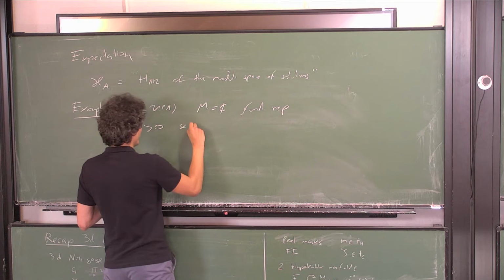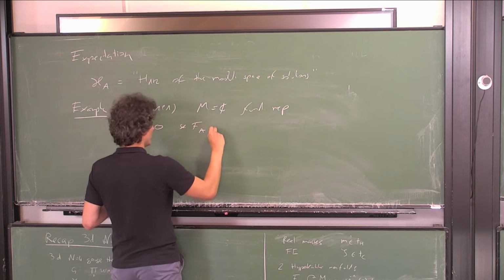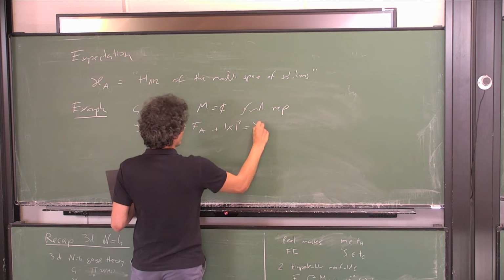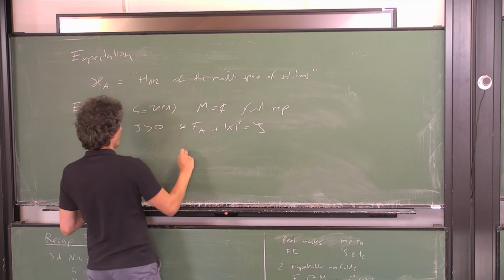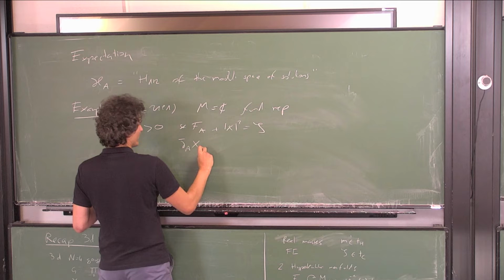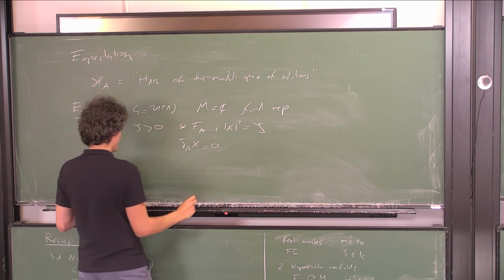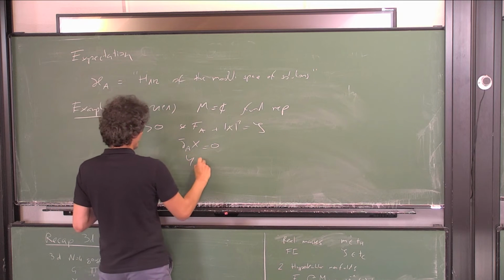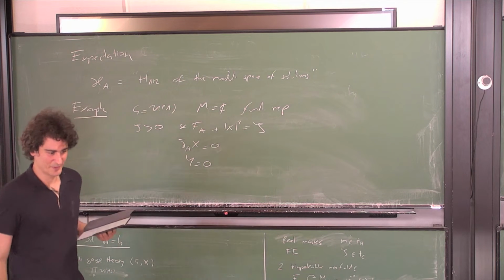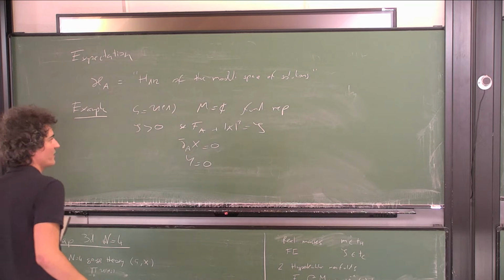The vortex equation becomes this, and I'm going to have X to be a holomorphic section and Y to be 0. So this is a classical standard abelian vortex equation.